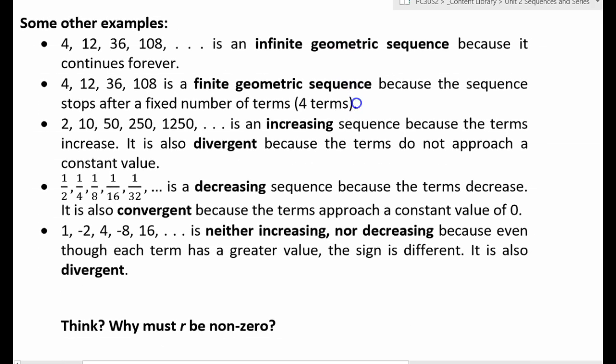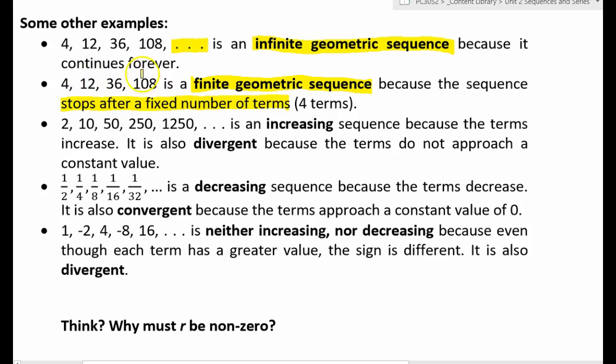Okay, so just some other terminology that we need to be familiar with here. When we look at a sequence that keeps increasing, so we're multiplying by a bigger number, we still call this an infinite sequence. Now we call it an infinite geometric sequence. When we don't include the ..., it is now called a finite geometric sequence because it stops after a fixed number of terms.